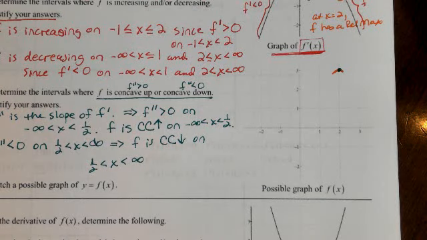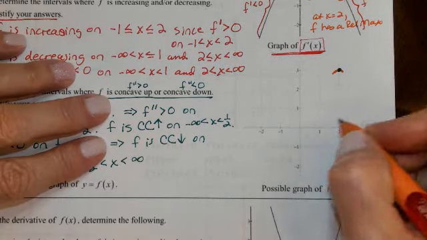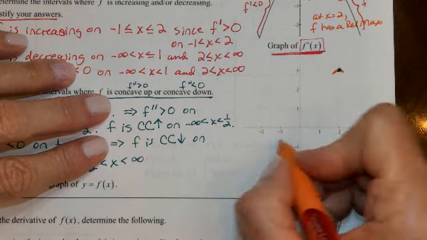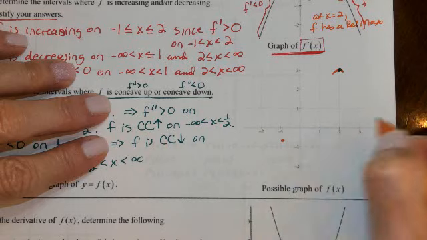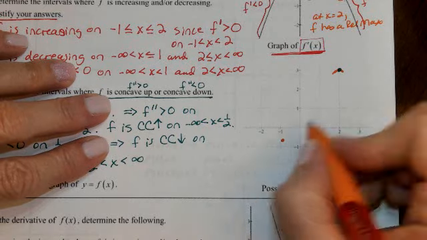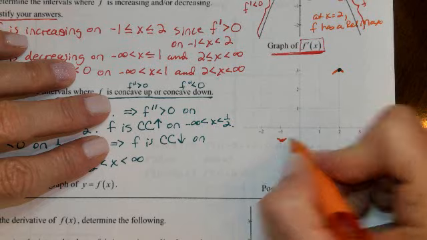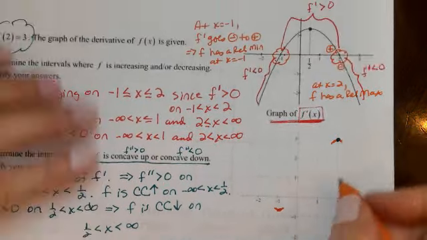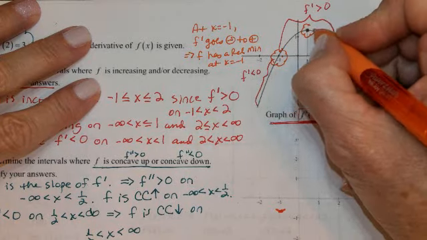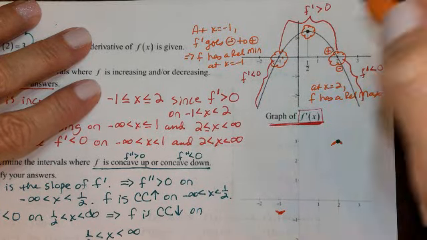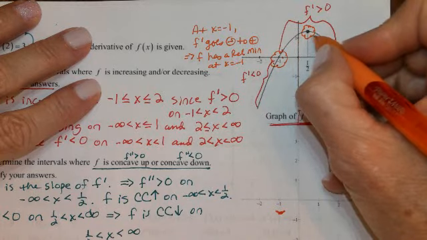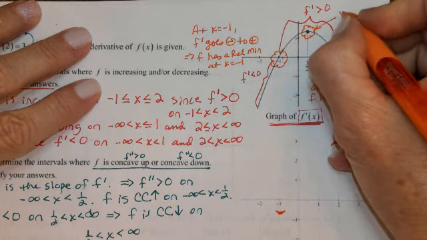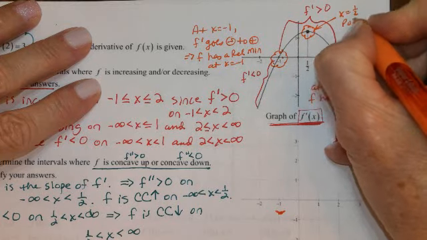Sometimes it gets a little bit awkward if you try to put it too close in height to that relative max. I'm going to put it somewhere like not right on a grid point. So somewhere right there, and that's going to be my relative min. Okay, we also have a point of inflection, because what's happening right here? Right here, concavity, the second derivative changed signs, right? So at x equals 1/2, we have a point of inflection on f.